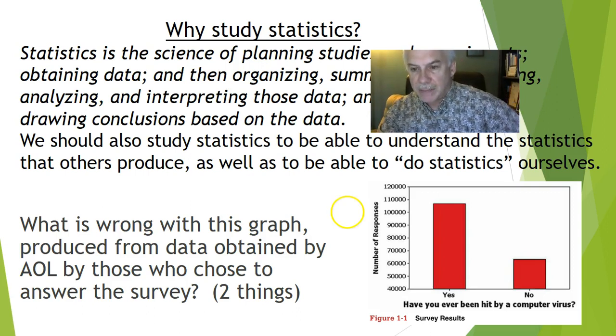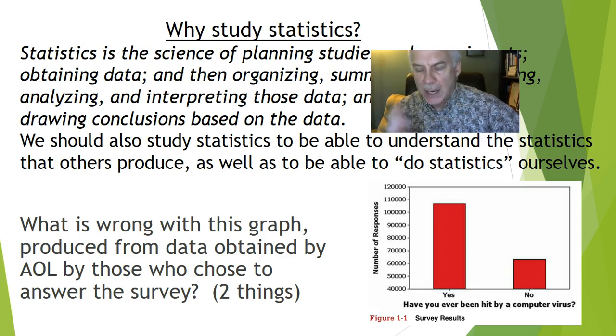So think about it. What are the things that would not be statistically correct procedure in either the way they got the data or what they're doing with the data in this graph? Okay, well, if you thought of the fact that this is a voluntary survey, asking people to give your answer to the question.